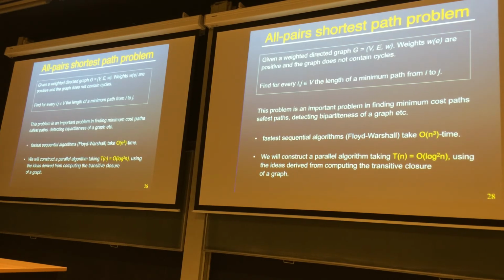And we will construct a parallel algorithm that gives you a significant reduction in time. It will only cost you log squared n time, like the construction of the minimum spanning tree. And the ideas that we will use are more or less directly derived from computing the transitive closure of a graph.